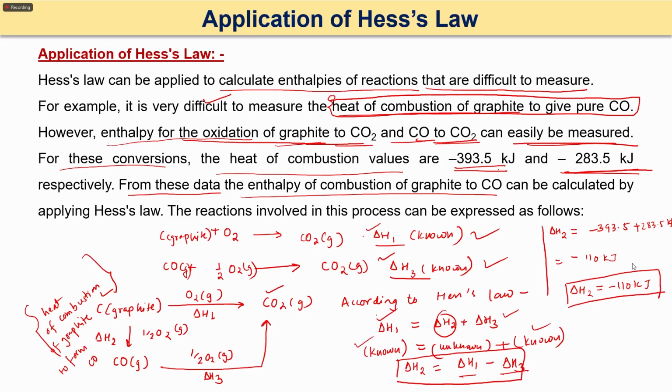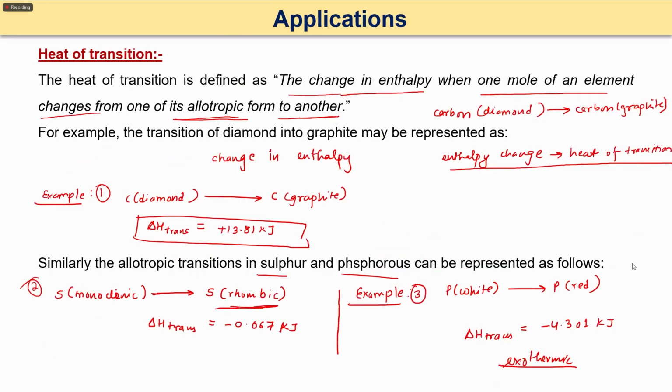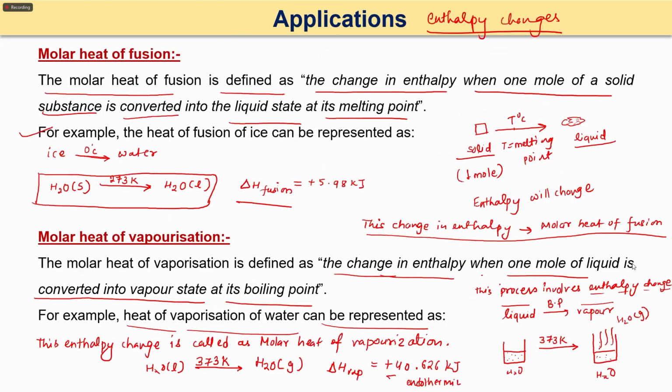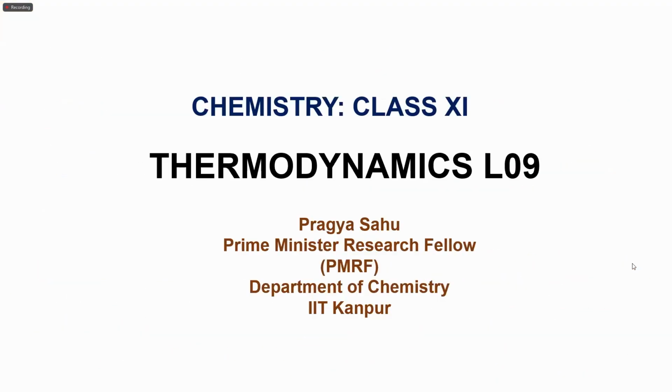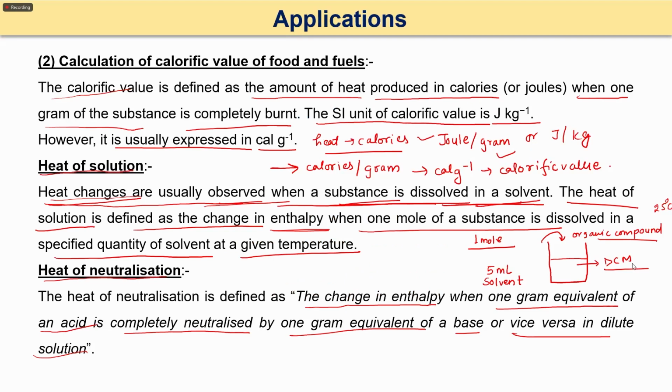So in this class, we studied the applications of enthalpy change. First we studied how we can calculate the calorific value of food and fuels, and what calorific value actually is: the heat produced by burning 1 gram of a substance.